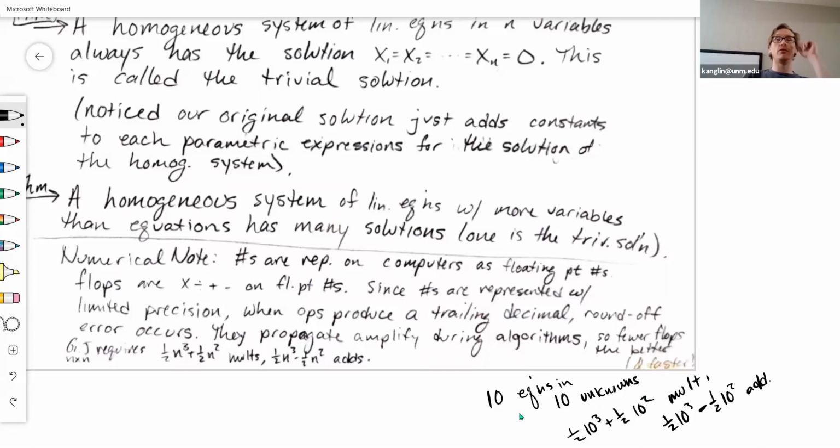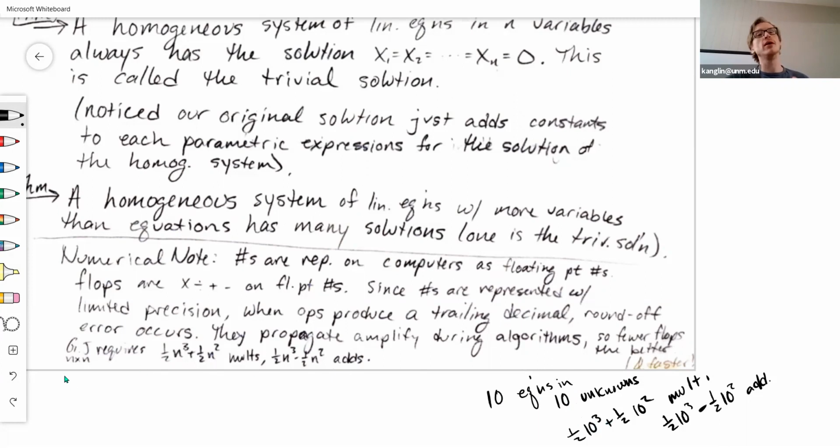Now, if you start thinking about a situation in real life where you're gathering huge sets of data and trying to do things like this, you can imagine many more equations and many more unknowns, where these numbers get huge very quickly. They scale like the cube of how many equations and unknowns you have. So that grows very quickly.